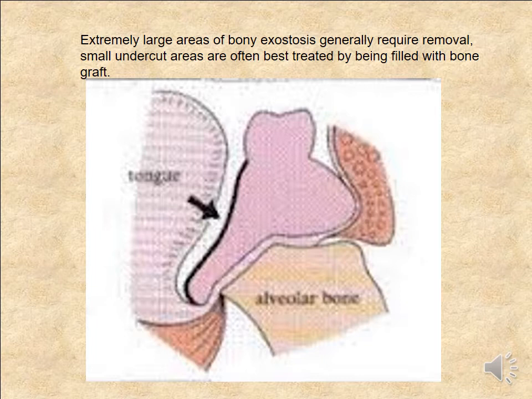We place a cancellous bone graft to fill the undercut area, making a simple incision on the labial side of the upper or lower mucosa, and fill it with the bone graft. Then do an impression, and this is enough for this technique.